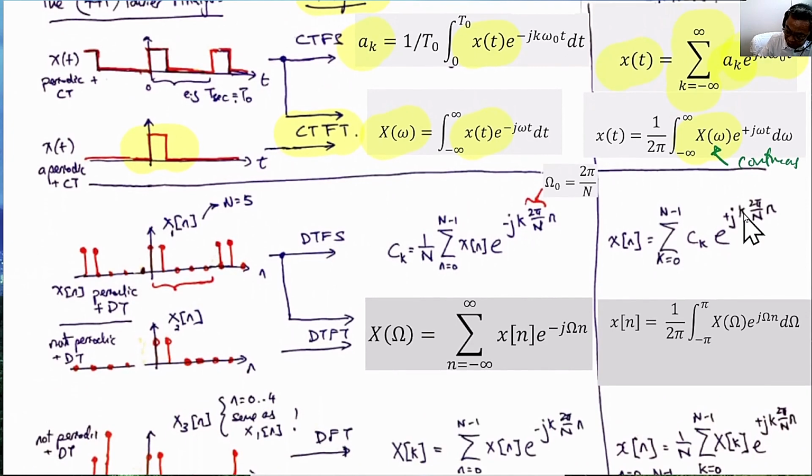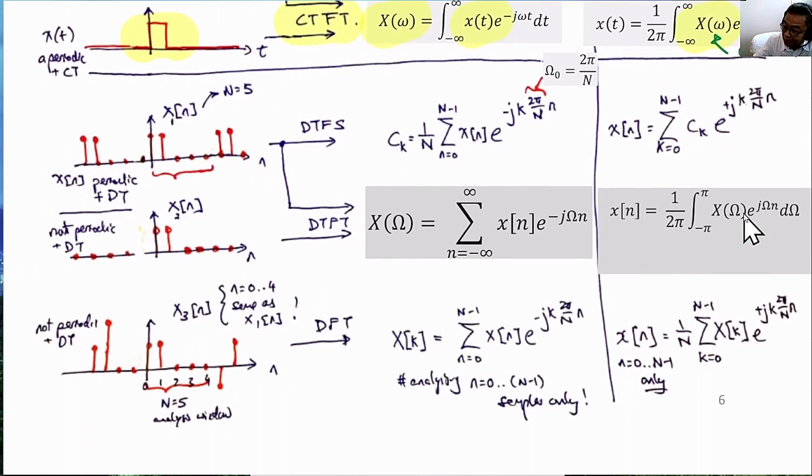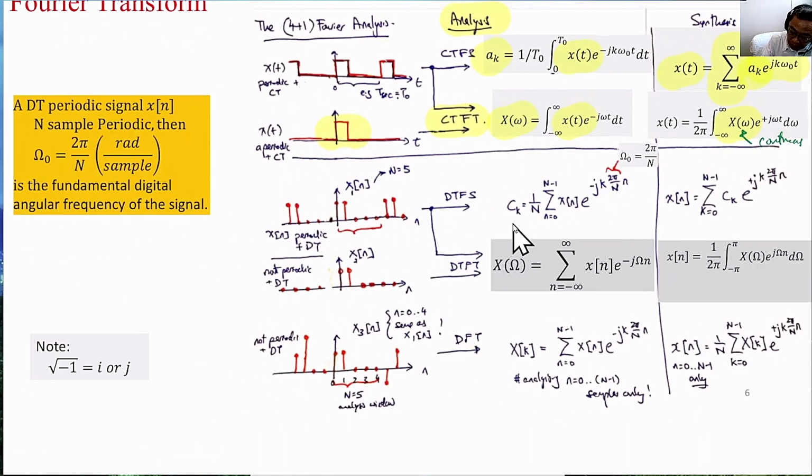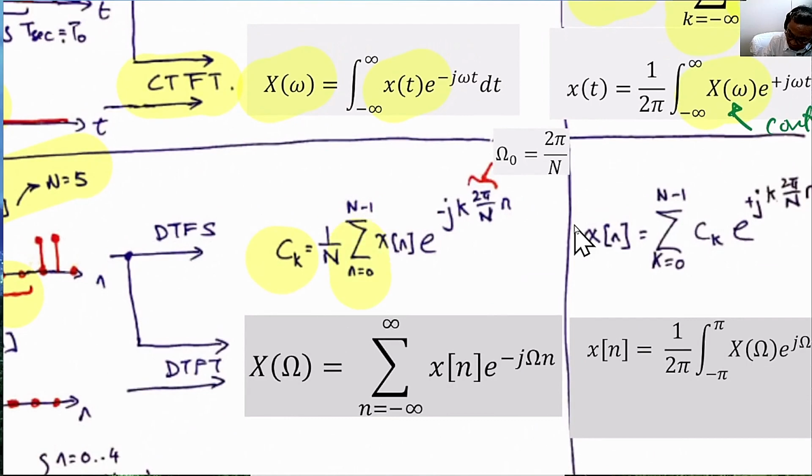Similarly, for discrete time Fourier series and Fourier transform, these are the equations. In the analysis, typically the notation used is c_k instead of a_k. If we have N samples, for example in this example we have 5 samples, then we only need to look at these 5 samples from n=0 to N-1, the first period.